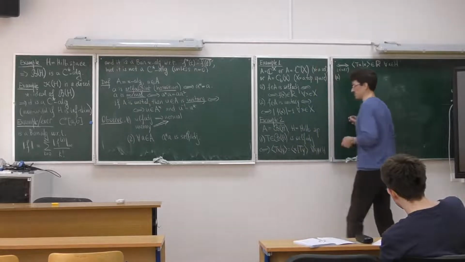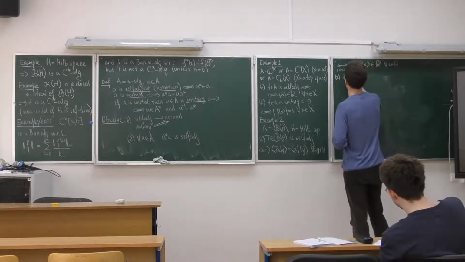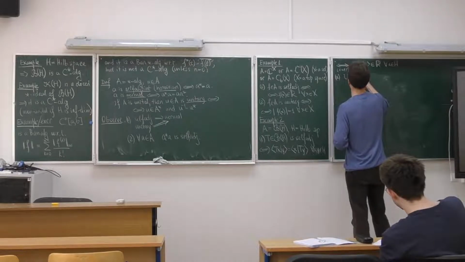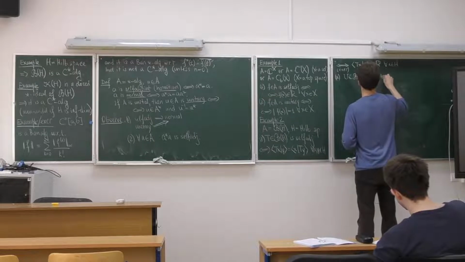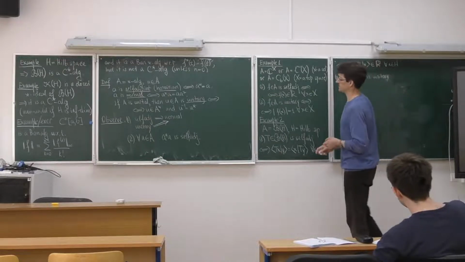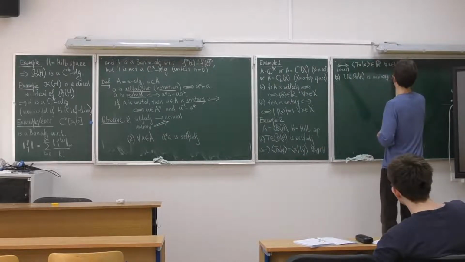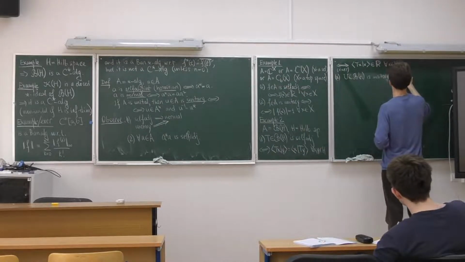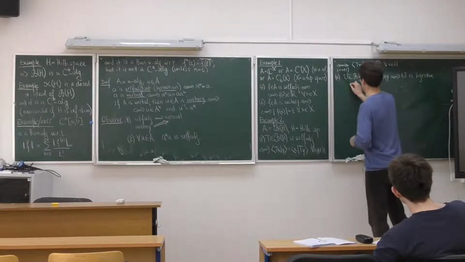And there is also a useful characterization of unitary operators. An operator U on H is unitary in the sense of this definition if and only if it is bijective and preserves the inner product.